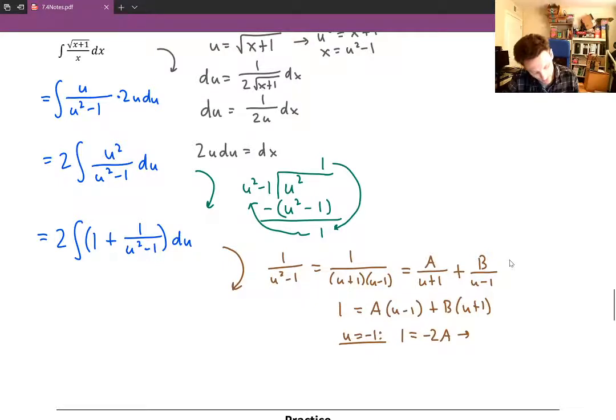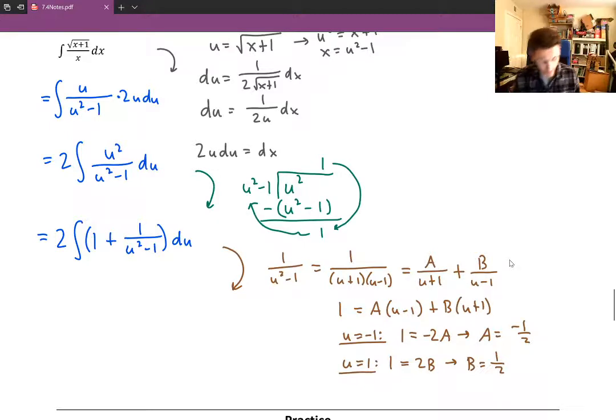So we get 1 equals -2a, so a equals -1/2. Then plugging in u equals 1, we'll get 1 equals, the a is now gone, and we have 2b, so b equals 1/2.